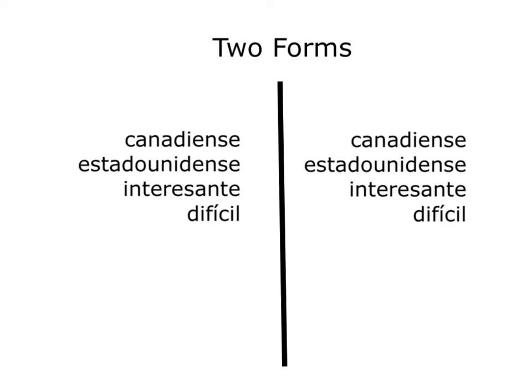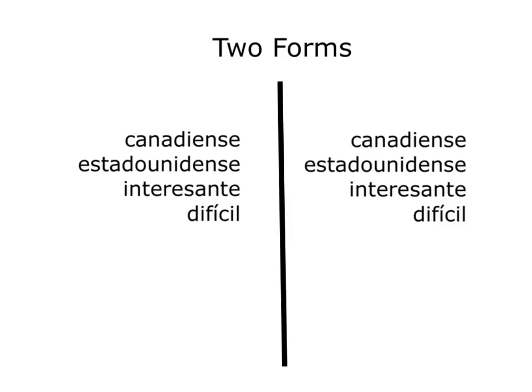Some adjectives, however, in Spanish don't have four forms. They only have two, singular and plural. For these, you don't have to worry about if the person is masculine or feminine, male or female. You just have to worry about whether there's one person or more than one person that you're talking about. So if you have a friend who's Canadian, un amigo canadiense.